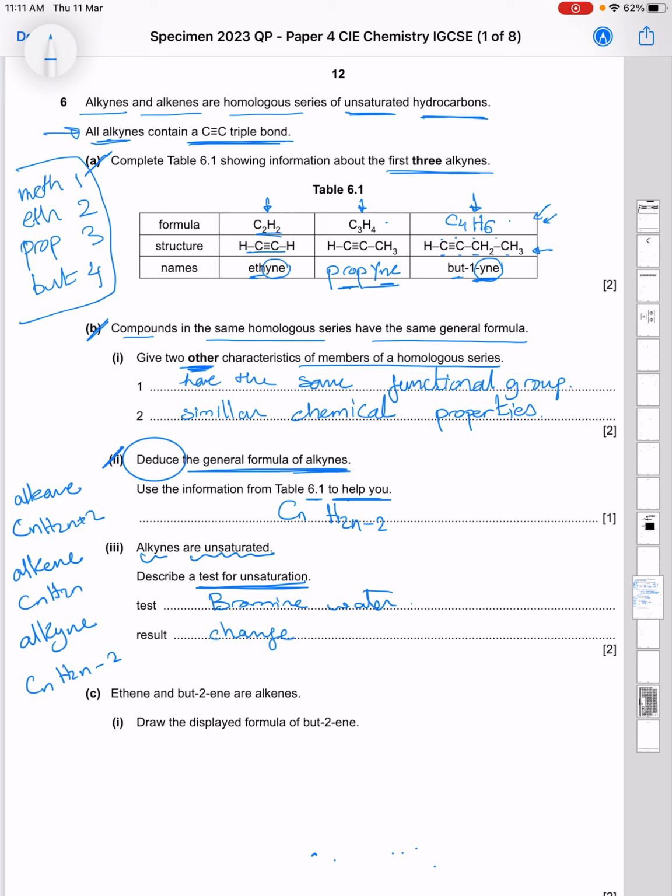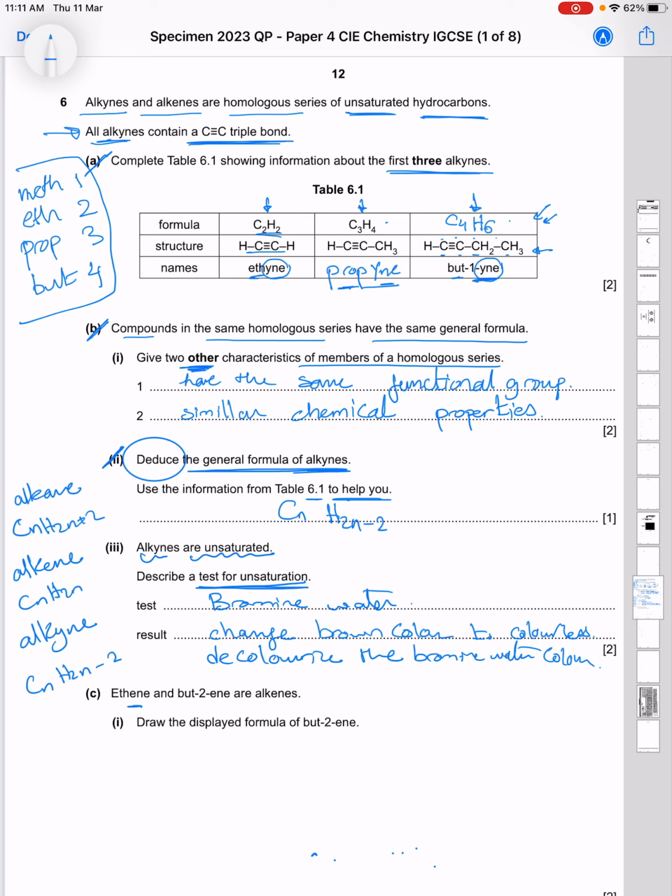So change brown color to colorless, or you can always write decolorize the bromine water color, which is the orange-brown color.